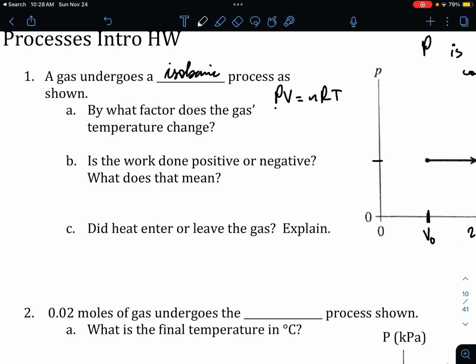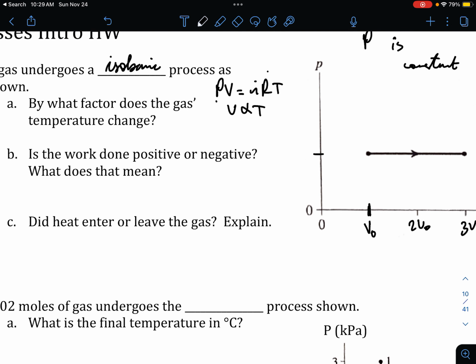Pressure is constant, the number of moles is constant, and the gas constant is different for each gas, kind of like specific heat capacity, but they're not the same thing. P and R are constant, so you can see V is proportional to T. So if my volume got 3 times bigger, then my temperature must have gotten 3 times bigger as well.